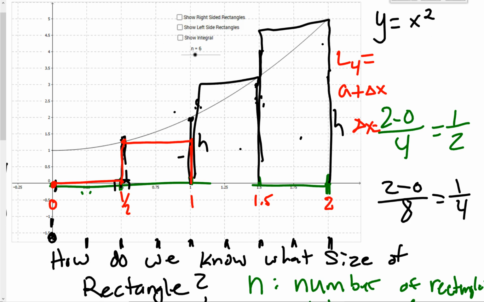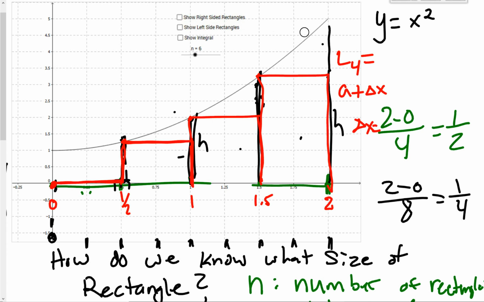But notice that I already started at 0, so there's one rectangle, and then I went to 1/2, there's another rectangle, and then I go from 1, so here's another one. Oops, let me erase that. And now I start at 1.5, and notice that that is my 4th rectangle. So I'm not going to have any more rectangles, because my rectangle is right here, L4, the number of rectangles right there.